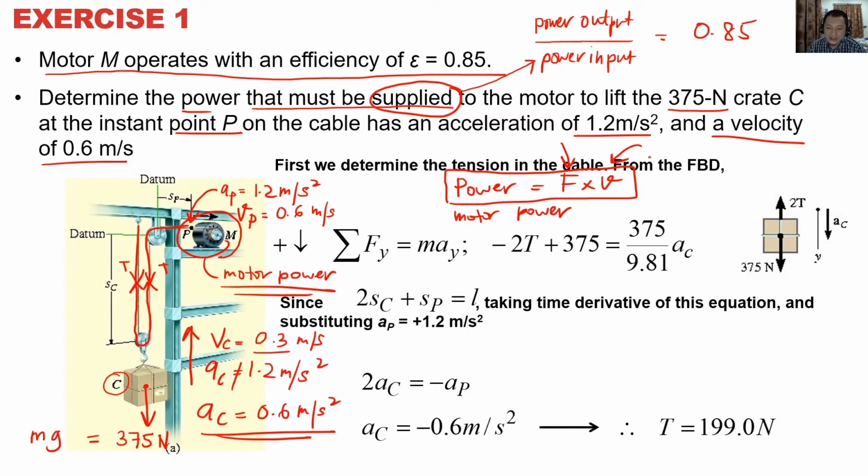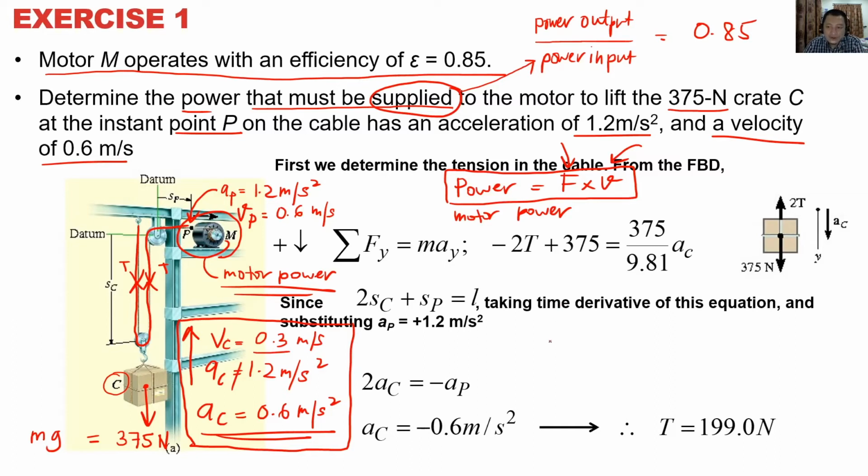That's how you get power at the motor. You have to solve it at the source. All this information is good and correct, but it is not actually at the source. You got to solve it at the source.